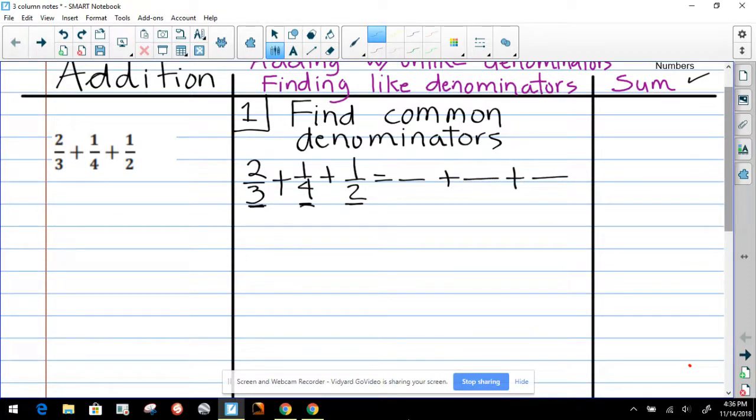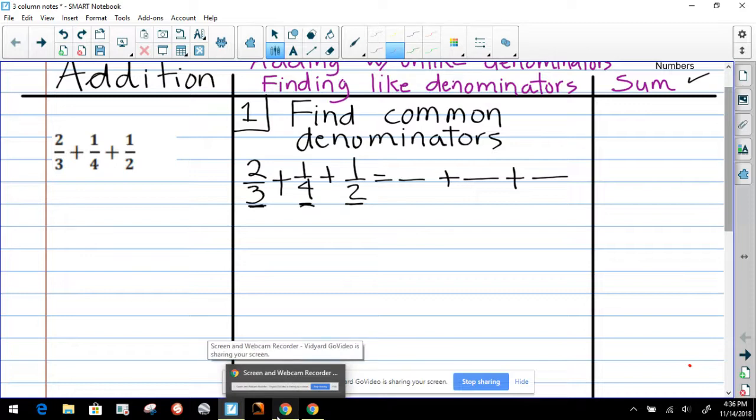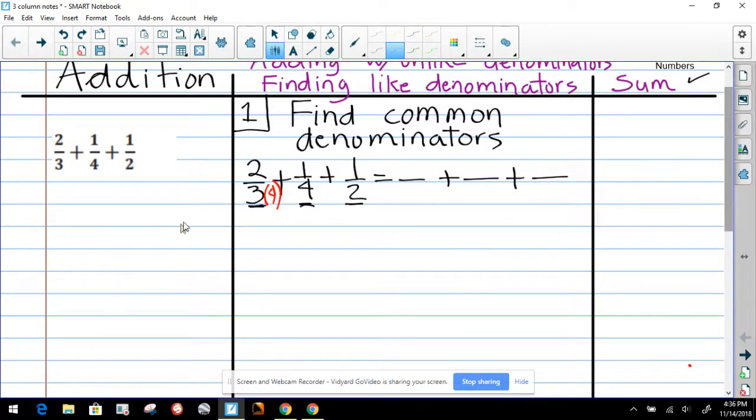Now, how do you approach that problem? Well, let's look at how we're going to approach this problem. I know that if I multiply 3 times 4, that will equal 12. So I have to do the same thing with that numerator. I use the opposite denominator. So 4 times 3 equals 12, and the numerator is 4 times 2 equals 8.